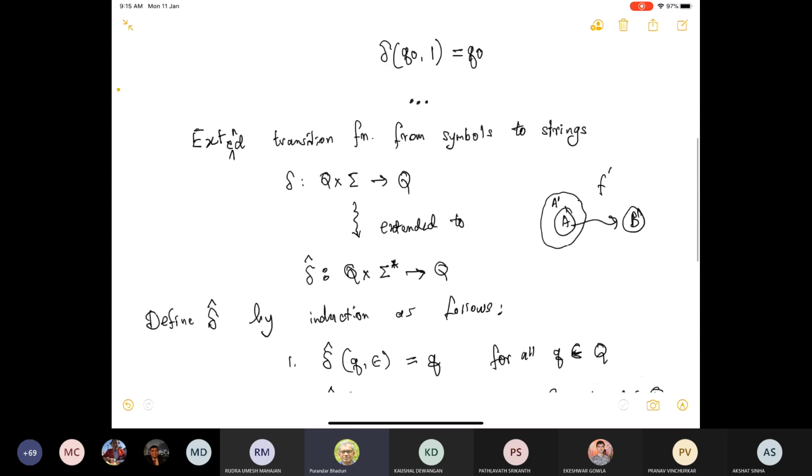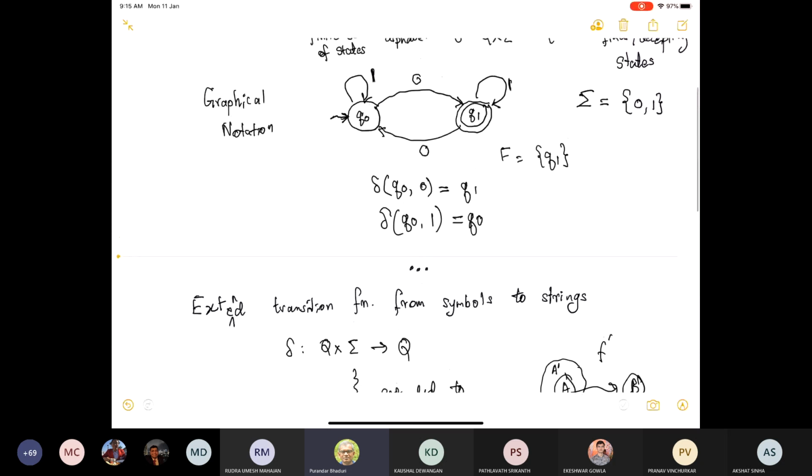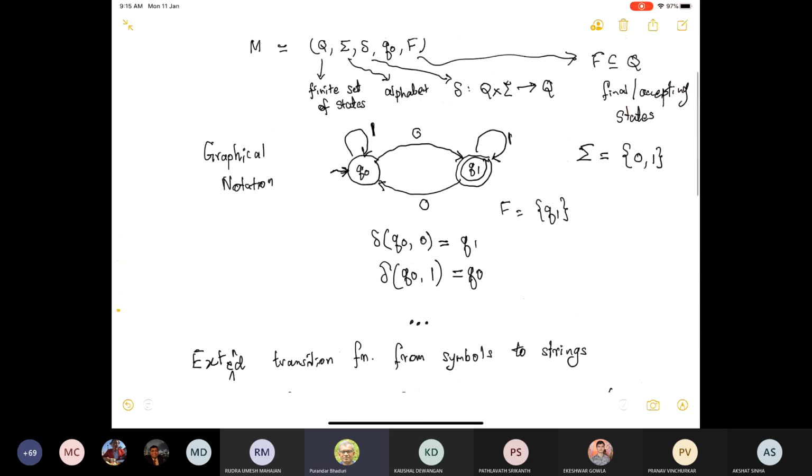Okay, so let's go back to the previous example here. So what is delta hat of Q naught, 0, 0, 1?